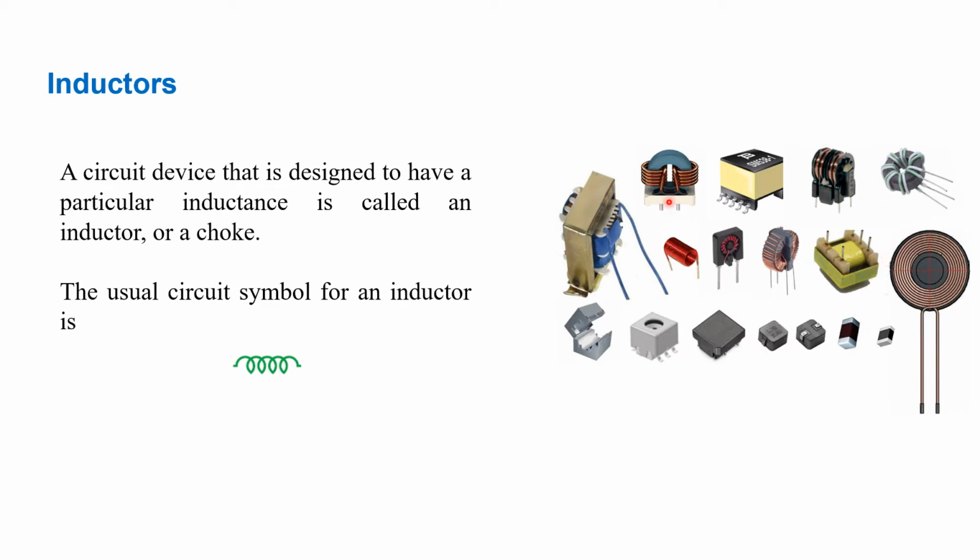These are different types of inductors which you can buy in electronic shops. And this one here is a toroidal inductor. These are inductors which you usually see in your appliances.